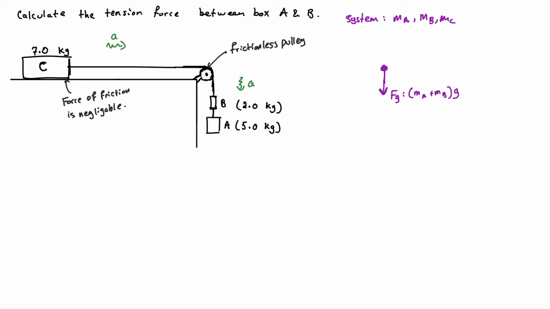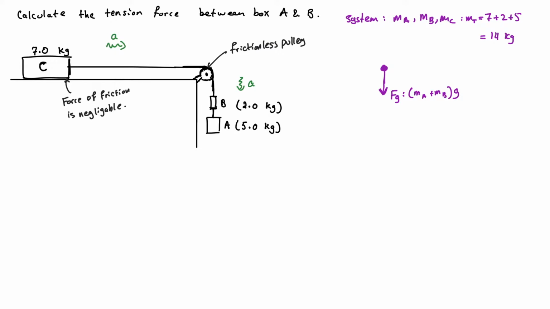And the total mass of our system here, so the mass total of this system over here, is 7 plus 2 plus 5, which is 14 kilograms.